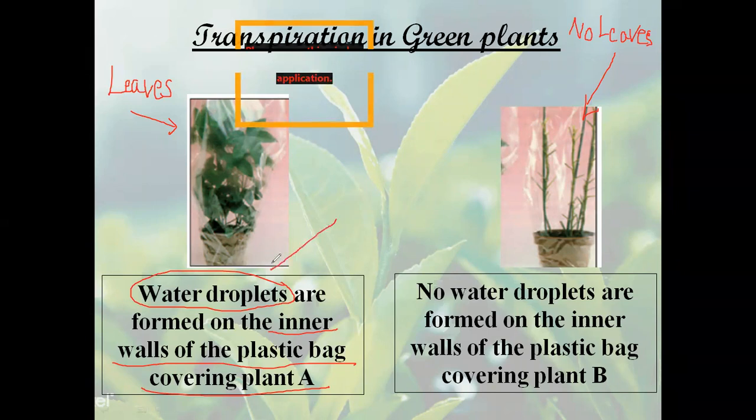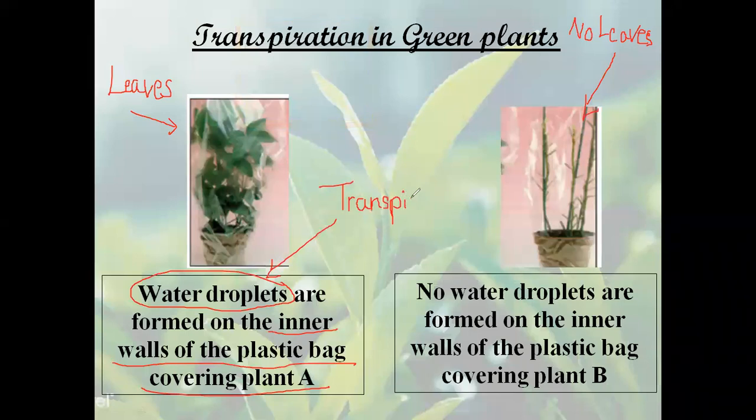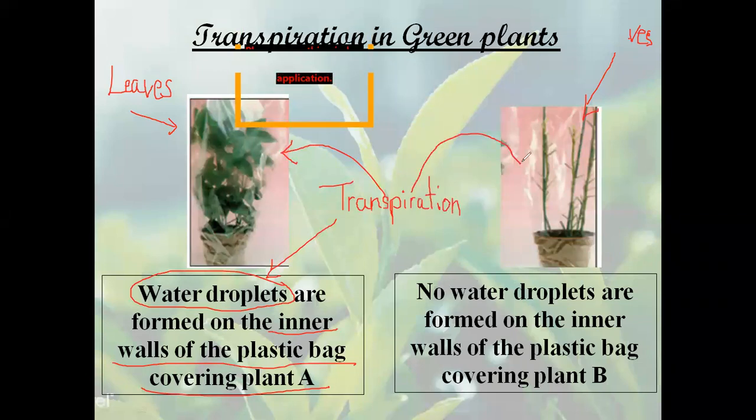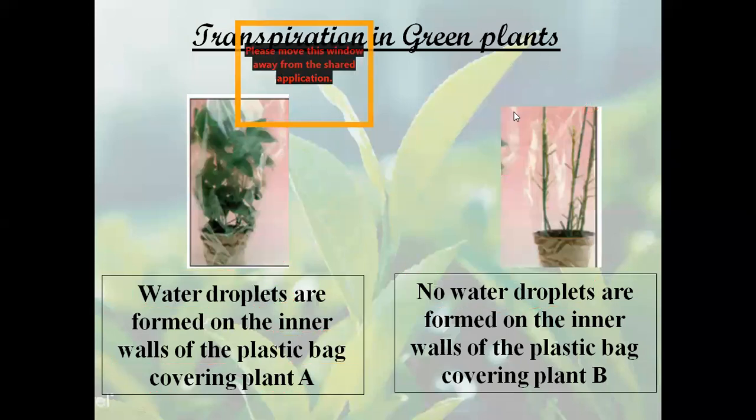Water droplets mean that we have transpiration. The plant is losing water through the leaves. Why? Because transpiration occurs when we have leaves, while it didn't occur when we lack the leaves in plant B, since we have no water droplets, so no transpiration.